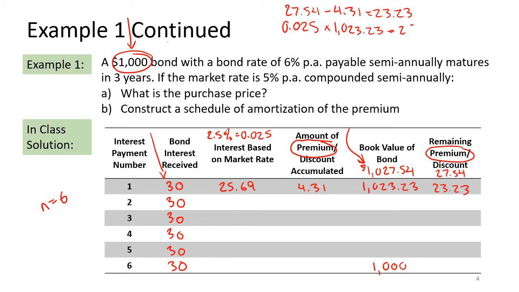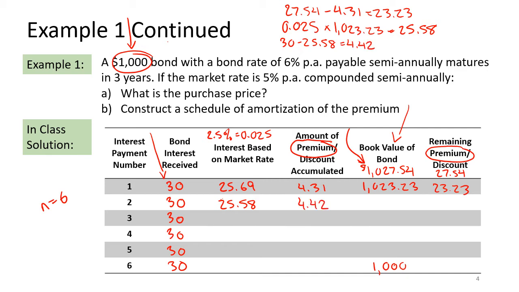And that arrives at $25.58. So again, you can see how the interest goes down slightly, and that makes sense because our book value is decreasing. So in the second payment, our premium that we've accumulated is simply the difference, $30 minus $25.58, and we arrive at $4.42.